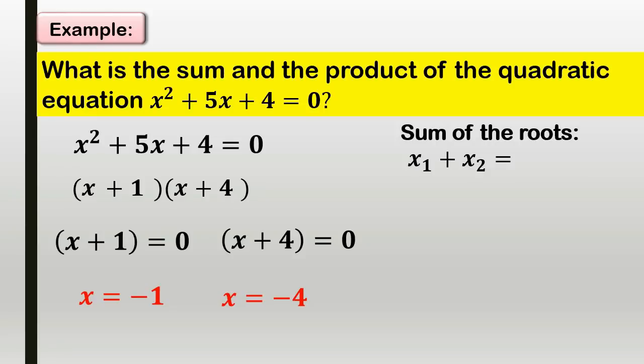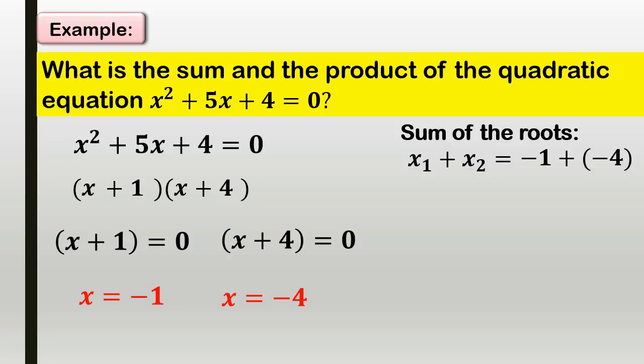Okay, so what is the value for x sub 1? We have here negative 1 and the value for x sub 2 is negative 4. Now, what we're going to do is to substitute the value. So, substitute lang natin, it will become equal to negative 1 plus negative 4.